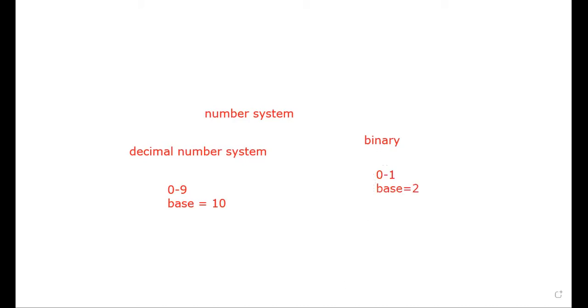Write down under that: binary number system has two values, 0 and 1. And the base value is 2.